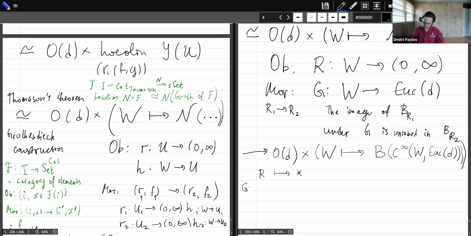And it sends a morphism G from R1 to R2 to G itself, again, because G is a smooth map from W to the Euclidean group here. I mean, this is precisely a morphism here. So you send it to G itself, and you simply forget the condition that the image of one ball is contained in the other ball.